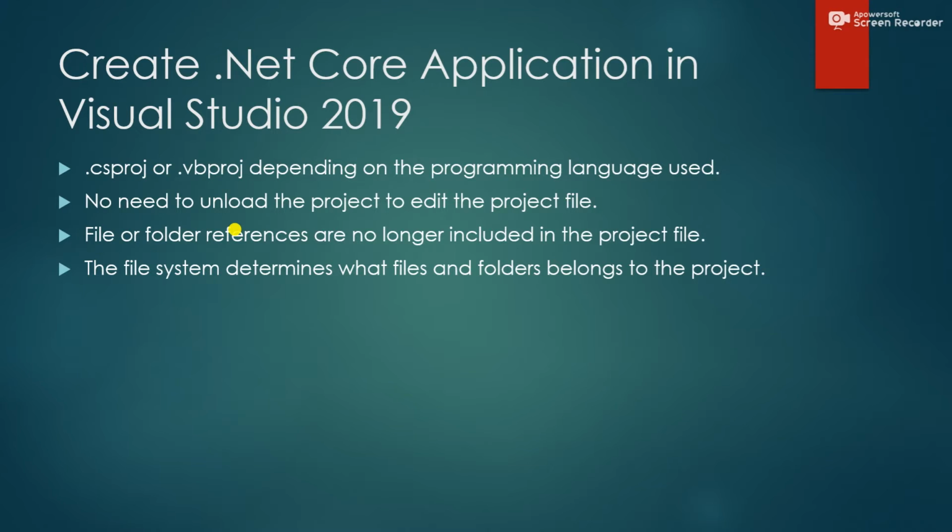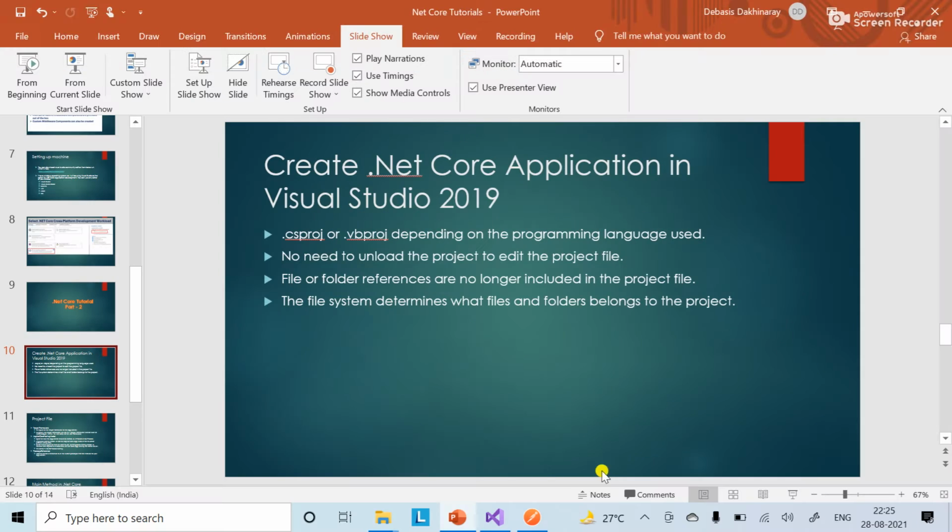But here in .NET Core, there will not be any reference of the files or folders you add in your project file. So this is the file system which determines what files and folders belong to that project. Let me show you in practical how to do it.